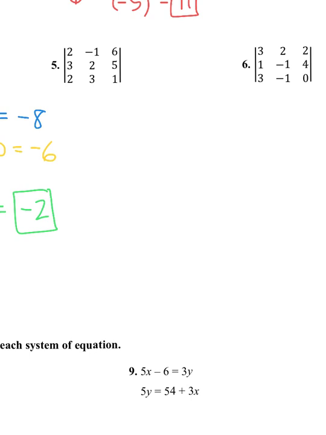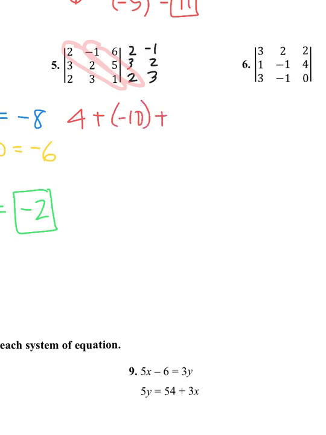Okay, so for number 5, once again, I'm going to copy down the first 2 columns right next to the matrix. Then I'm going to take the first diagonal, multiply, and I'm going to add that with my second diagonal of -1, 5, and 2 to get -10.